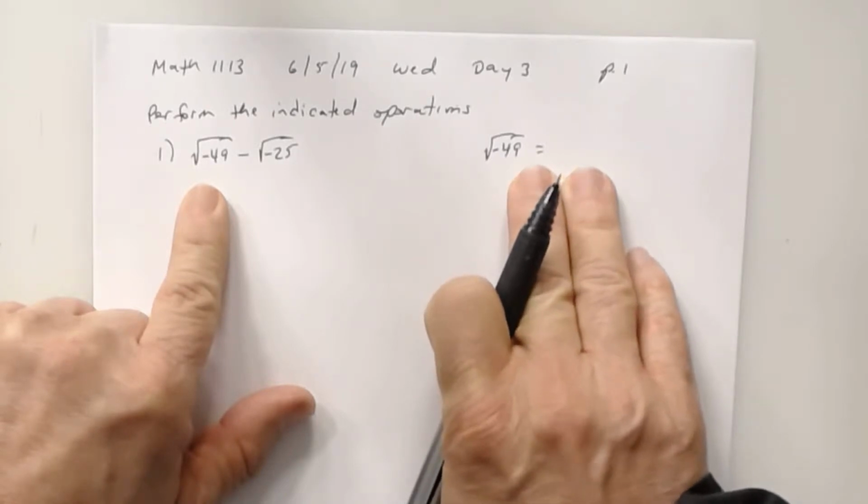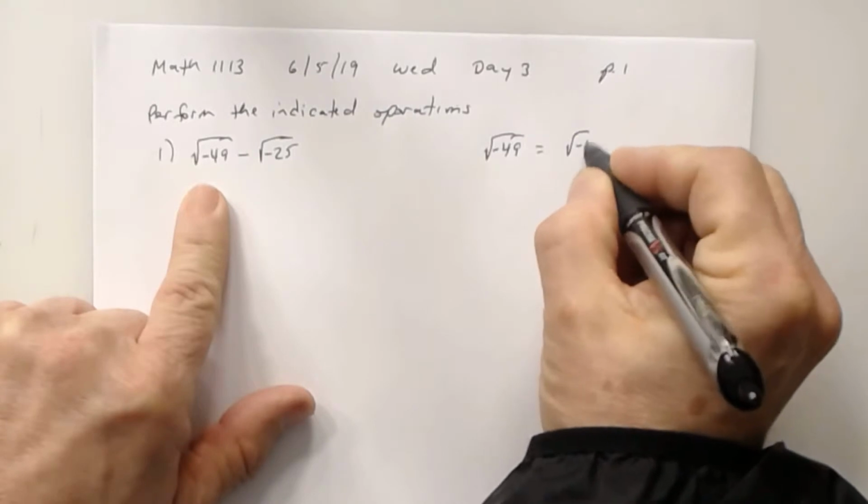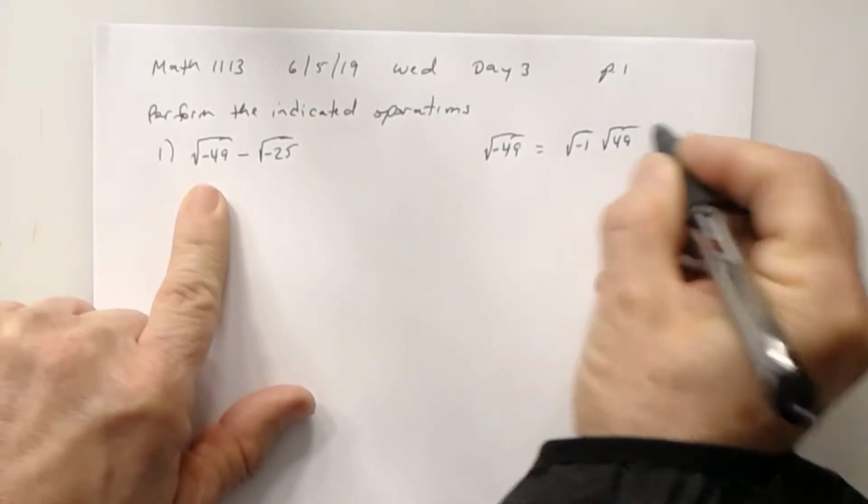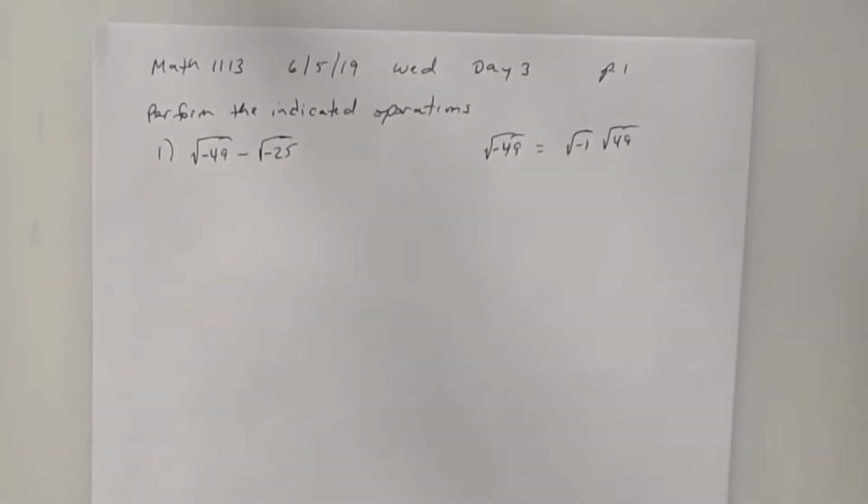You need to know that the square root of negative 49 means the same thing as the square root of negative 1 times the square root of 49. I can rewrite negative 49 as a product of two square roots, negative 1 times 49. What is the square root of negative 1?